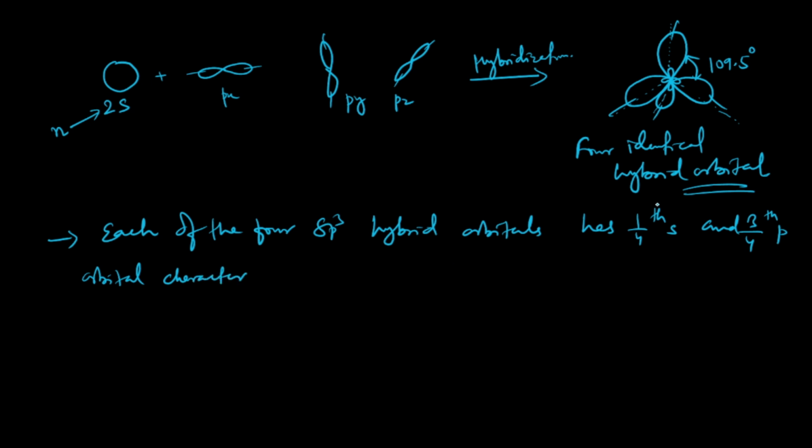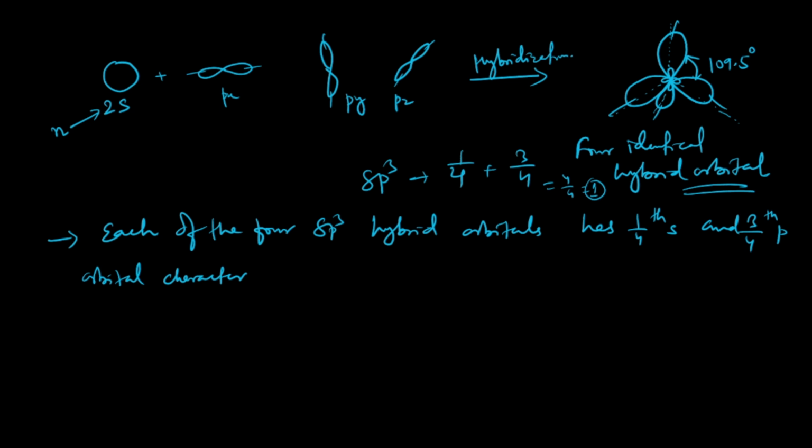See, now 1 s and 3 p, if I'm writing sp3, so total how many are there? 4. So out of these 4 parts, s is having only 1. And what about p? P is having these 3 parts. So if you add these, it will be 4 by 4. It means 1. So you are getting 100%.